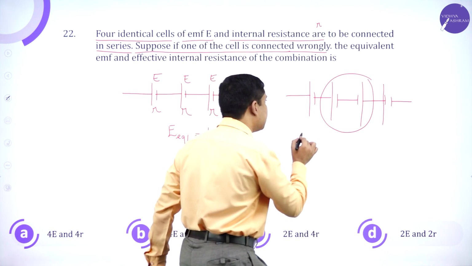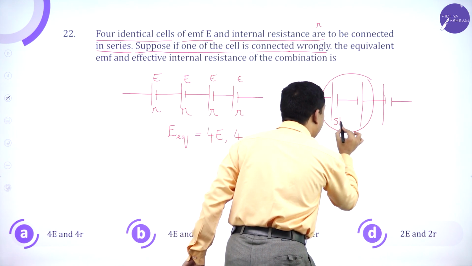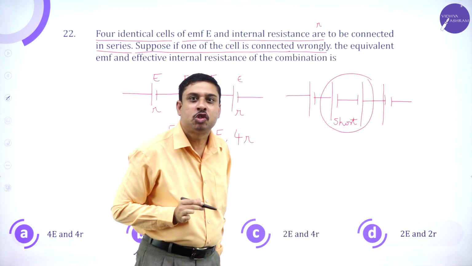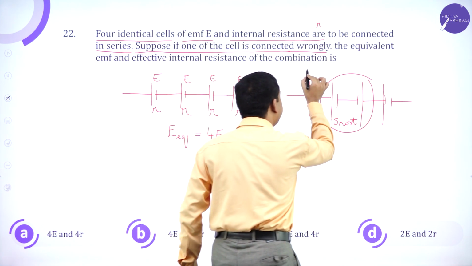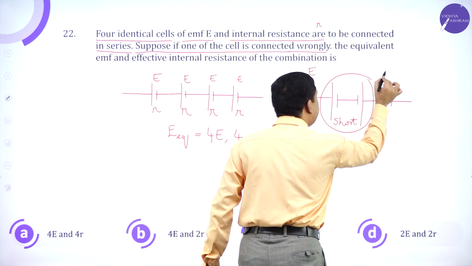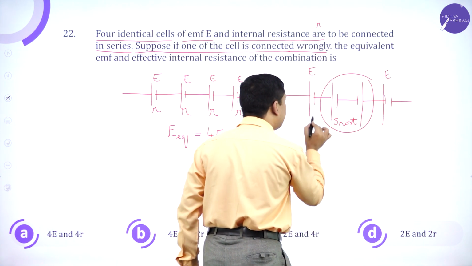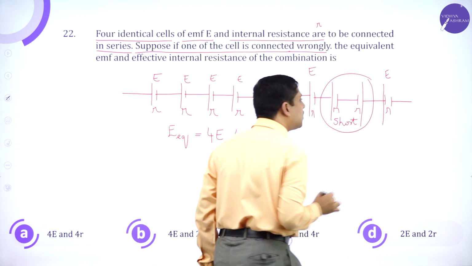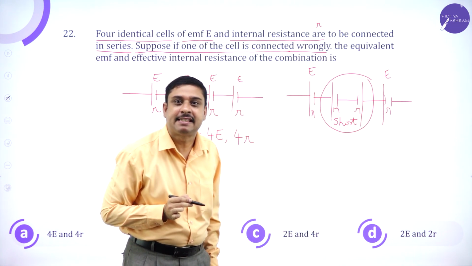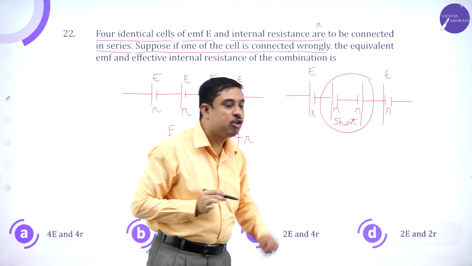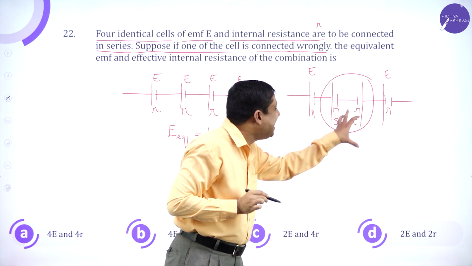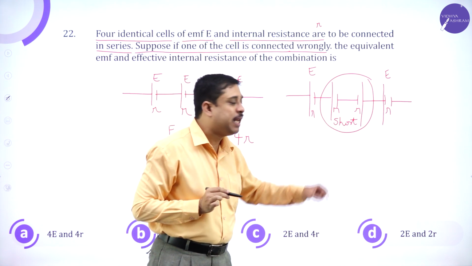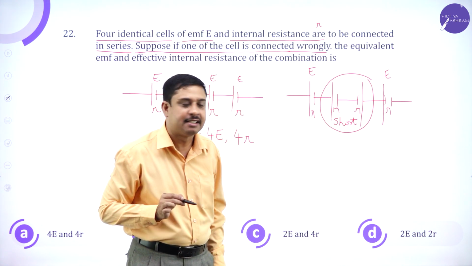In this case, this part of the circuit gets short, which means this EMF does not come into picture. However, it will have some internal resistance. Since it is short, there is no EMF generated here, but cells will have the internal resistance.